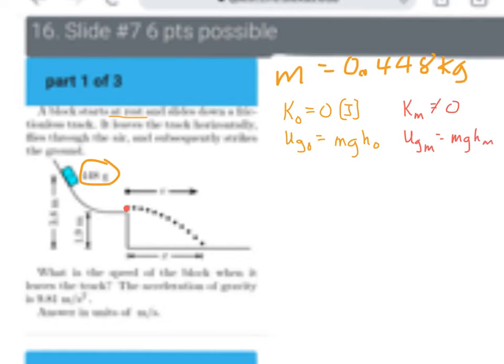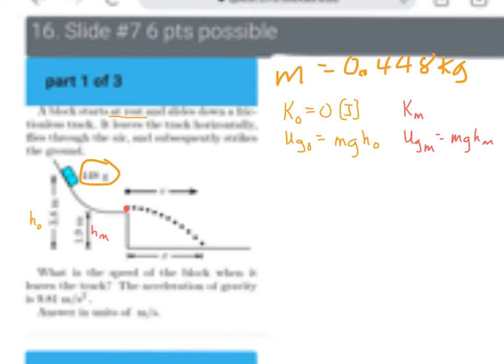So let's go ahead and just label variables. This is the height at the middle, and I should have labeled this one. This is the height original. Okay. You know what, I want to change my equation over here.